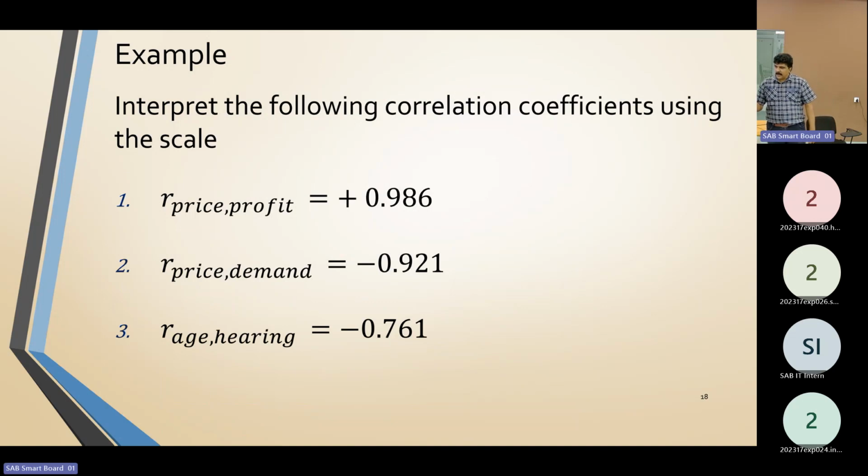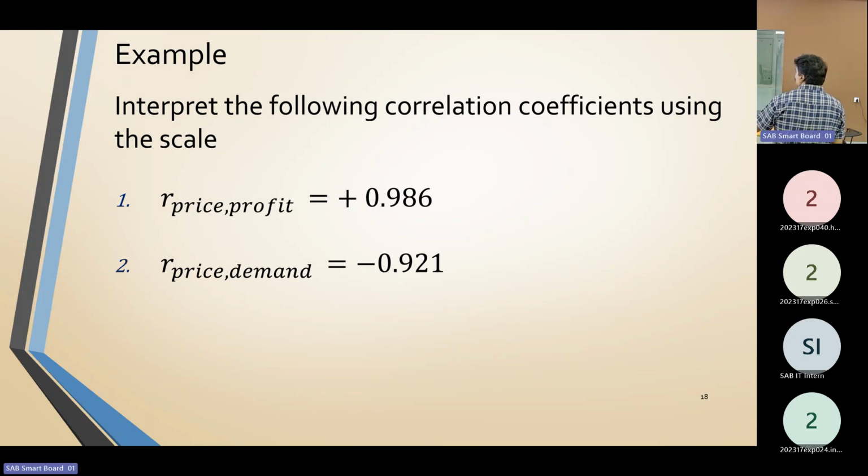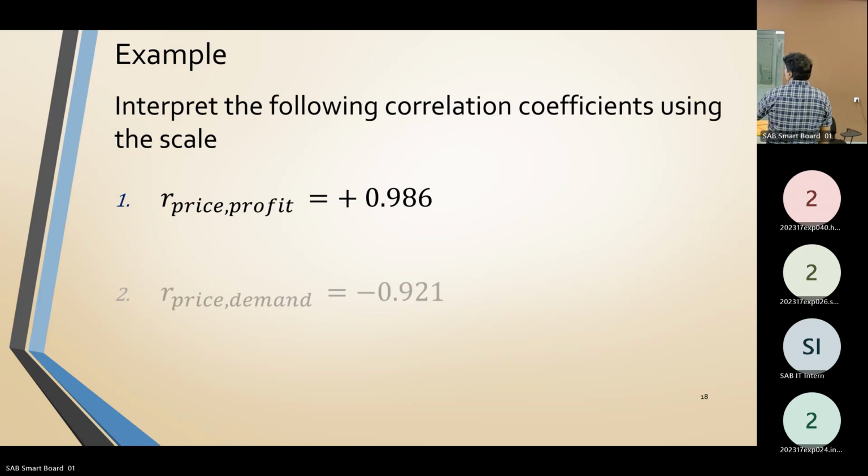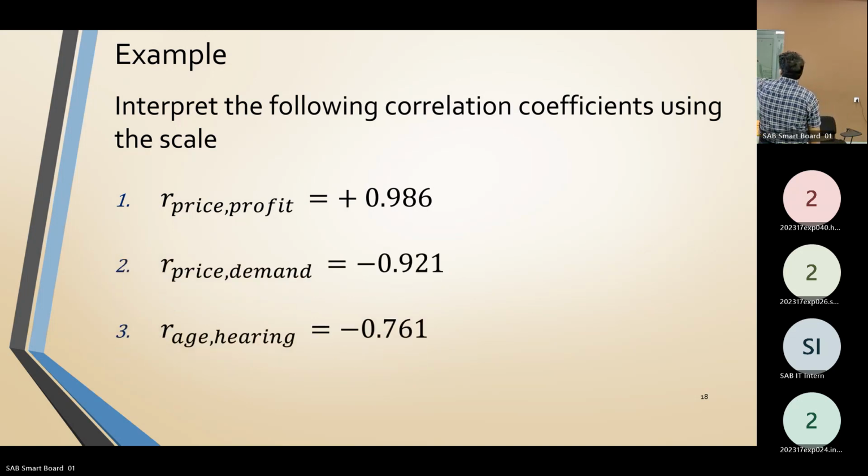R value between age and hearing ability: minus 0.760. If you approximate this, you get minus 0.76.